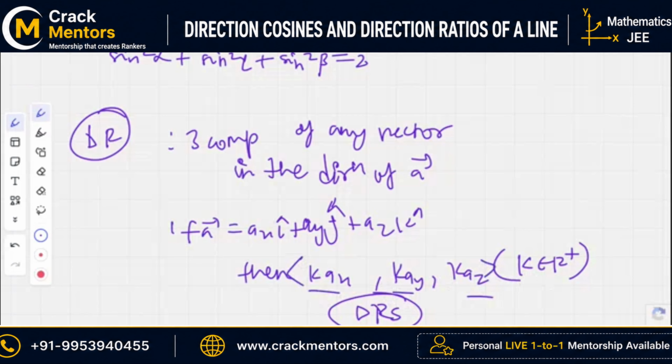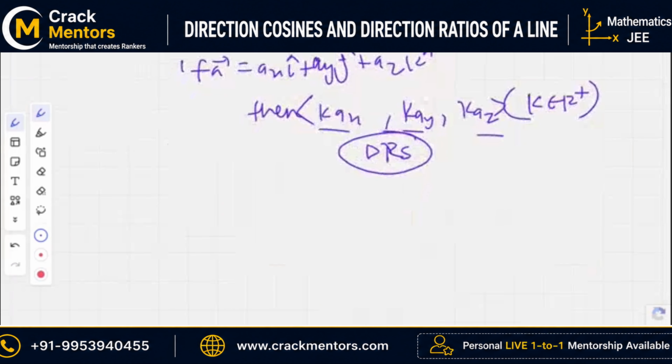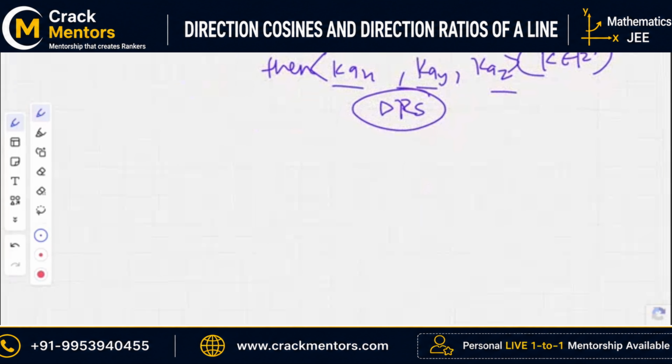I'm not sure. See, the statement is three components of any vector in the direction of A. Oh, yeah, then it won't be the direction. Yes, it would be the opposite direction, 180 degree, anti-parallel, you can say.